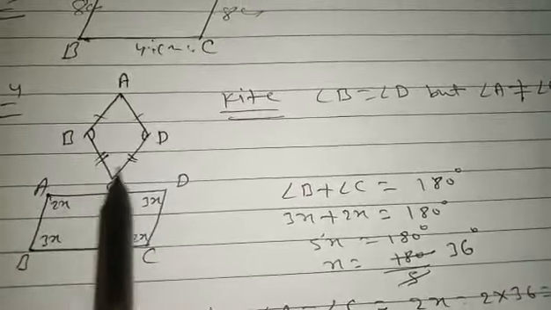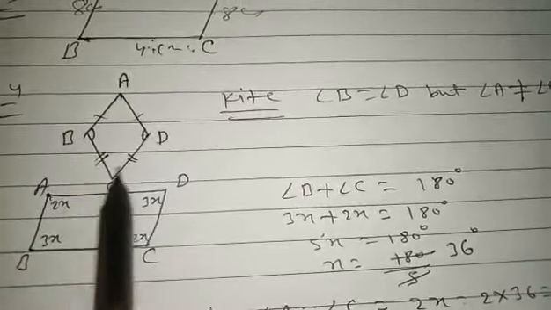So it is the example of quadrilateral in which two opposite angles of equal measure. So it is clear.